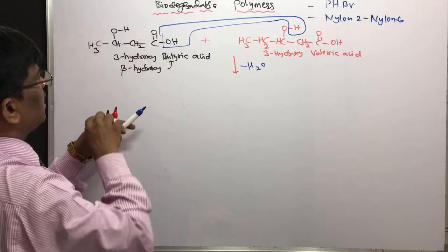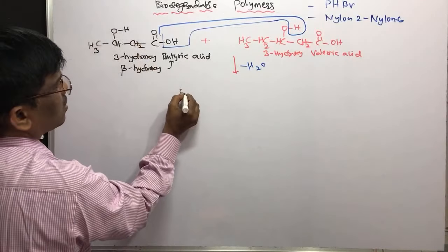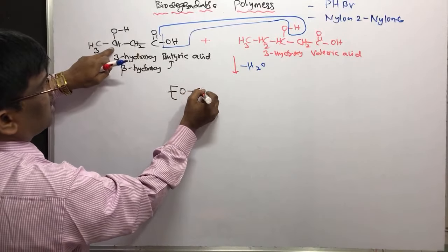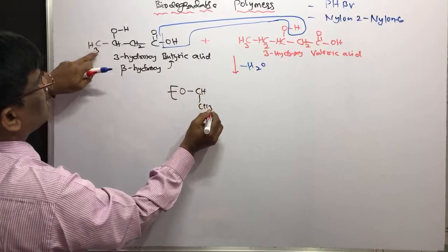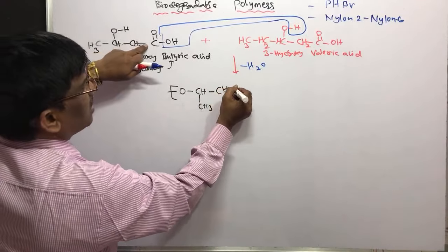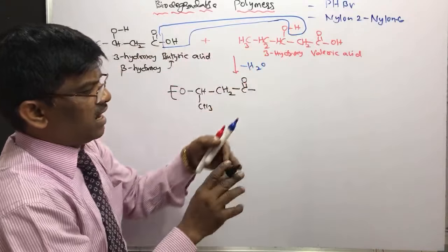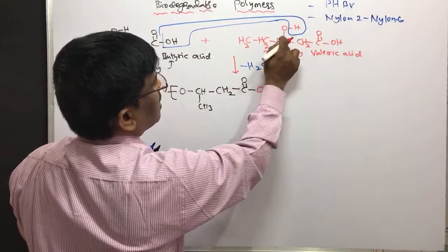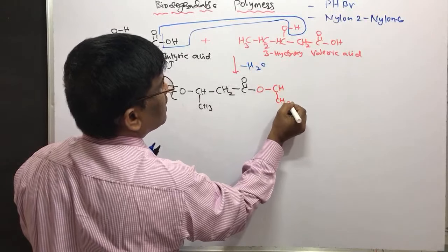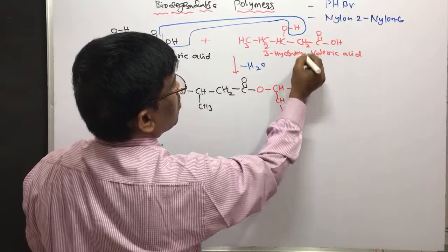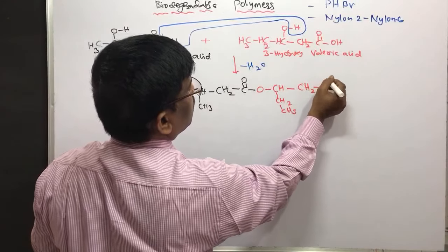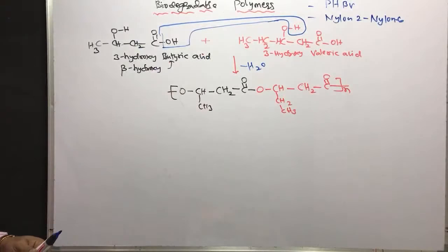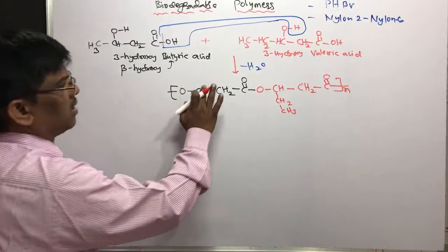If I write the structure, this is the oxygen, it is kept in brackets with n, and this is CH, and here CH, and this methyl comes here. Now CH2, and this is CO. It forms an ester. This is oxygen and this is the CH, and this ethyl: CH3, CH2 and CO, and this is the polymer PHBV.